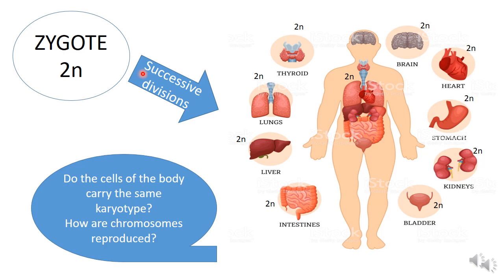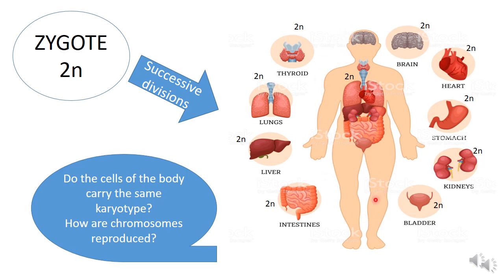By successive divisions and successive mitosis, of course, the zygote was able to produce all body cells and consequently all body organs that you see in this figure: the lungs, the liver, the intestines, the bladder, kidneys, and all these organs, of course, form the human being.